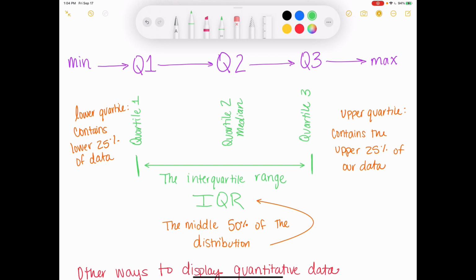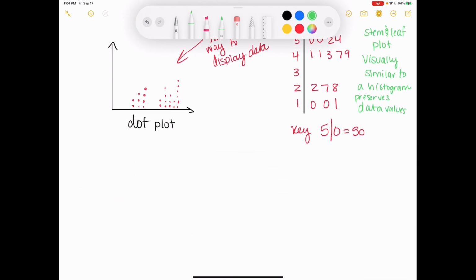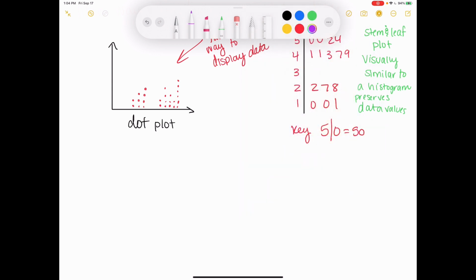Let's see if this pencil is semi-charged. Oh, we're at 15%. We got this. Alright, somebody pick a color. Purple. Purple's better.